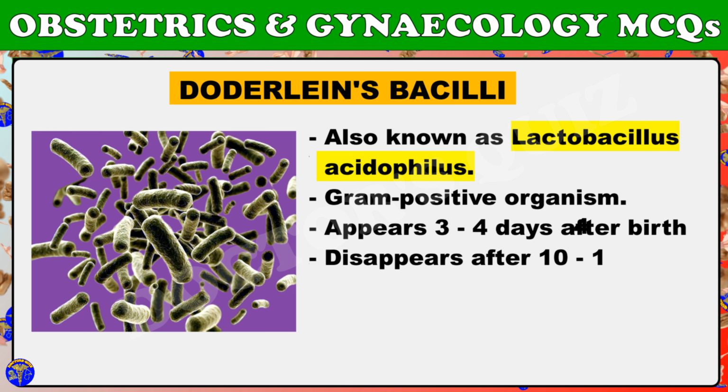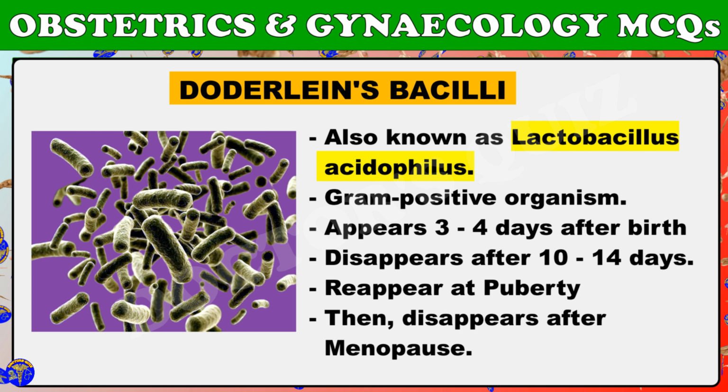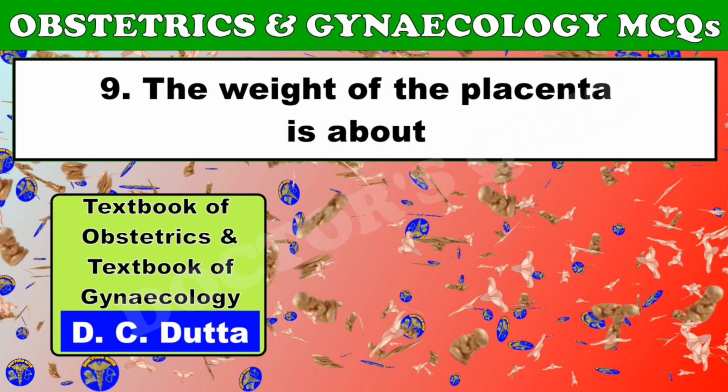It appears in the vaginal secretions 3 to 4 days after birth and disappears after 10 to 14 days. Again, it reappears at puberty and then disappears after menopause. The main role of Doderlein bacilli in the vaginal secretion is to maintain the acidic pH of vagina depending on estrogen.